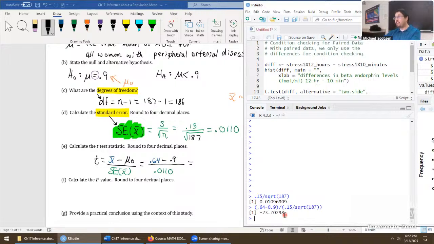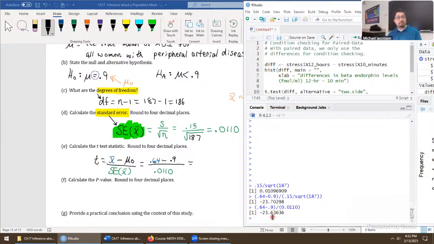You have a more precise value. That'd be something you'd want to definitely do if you're doing a homework problem. But even if this was a homework question, I'm not super picky about that. Let's see how close our approximation would get. 0.64 minus 0.9 divided by 0.0110. We are basically there. We're off by less than a tenth.